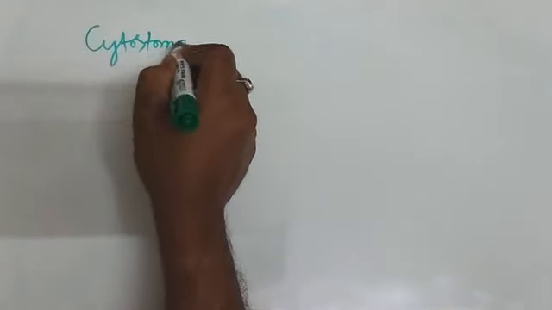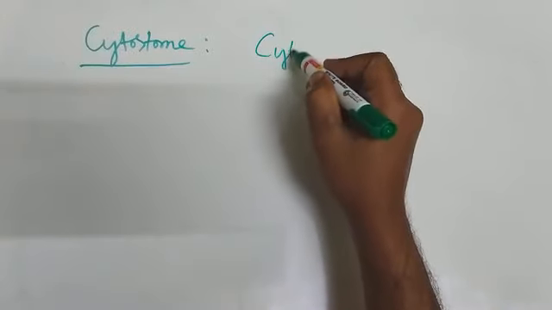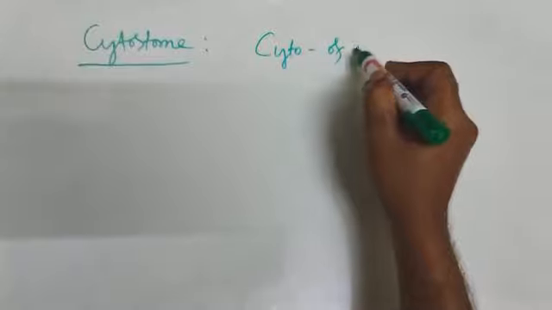One of your friends has asked what is that part by which paramecium takes in the food. That is cytostome. Cyto means of cell.